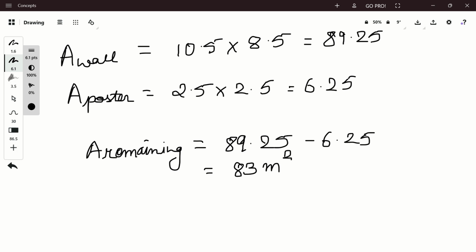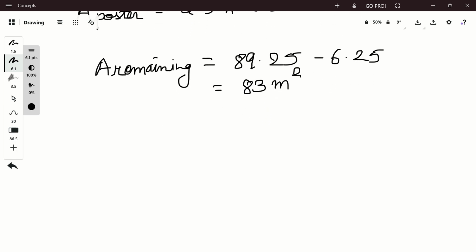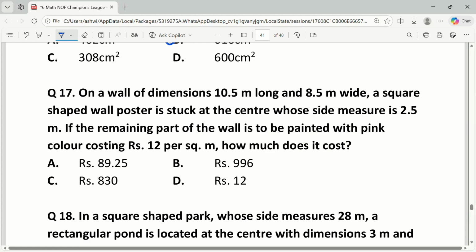The cost of painting is rupees 12 per square meter. So cost is equal to remaining area into cost per square meter, that is 83 into 12, which is equal to 996. Comparing with the options, the answer is B, 996.